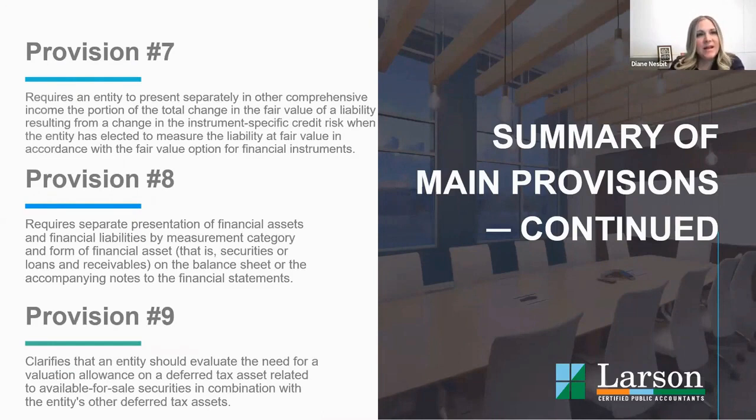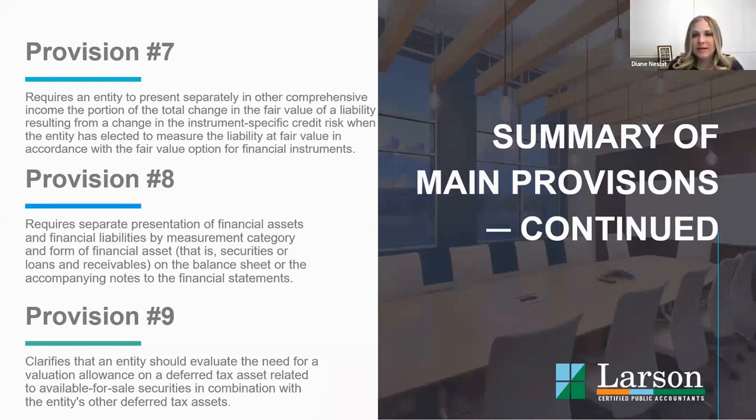All right, the next item is that there's now a requirement for the entity to present separately in other comprehensive income the portion of the total change in the fair value of a liability resulting from a change in the instrument's specific credit risk when the entity has elected to measure the liability at fair value in accordance with the fair value option for financial instruments.